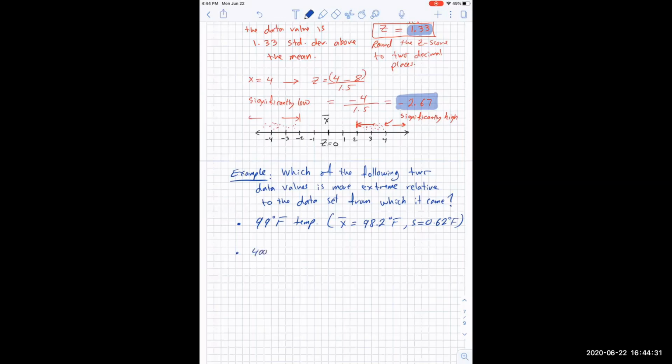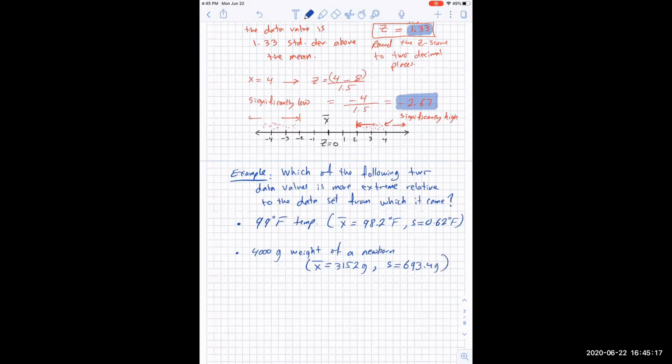is 4,000 grams weight, or 4 kilograms, of a newborn, where the sample mean is 3,152 grams with a sample standard deviation of 693.4 grams.